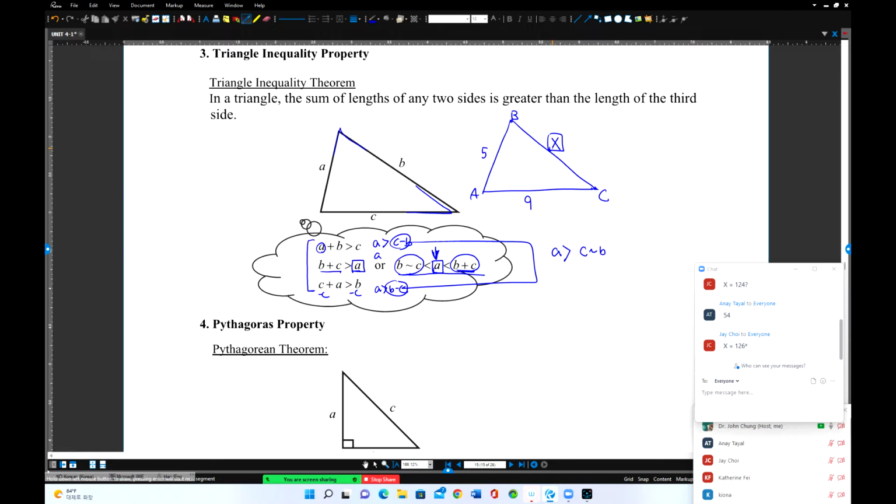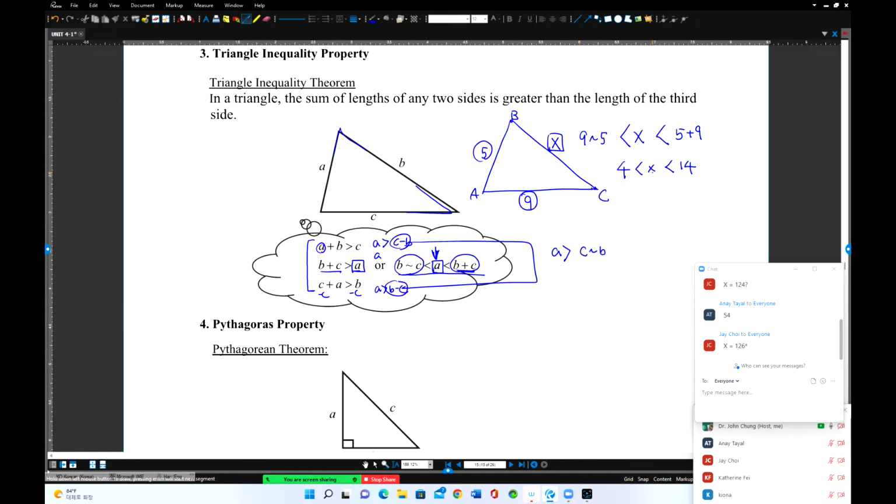It should be a triangle. x should be less than the sum of these 2 sides, 5 plus 9, which is 14. Greater than their difference. The difference of 9 and 5 is 4. So if x is greater than 4 and less than 14, this figure ABC can be a triangle.